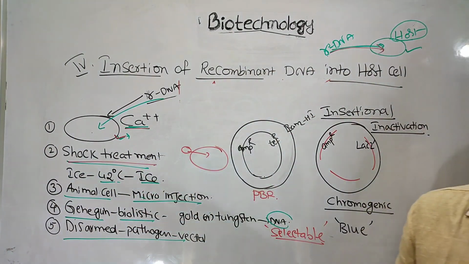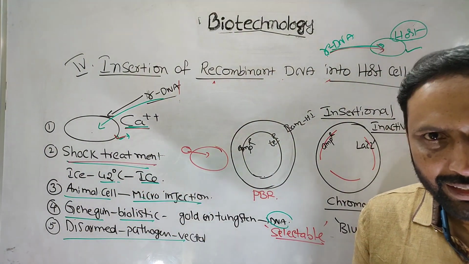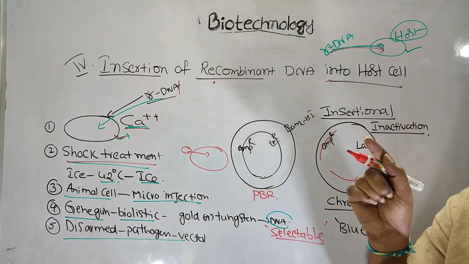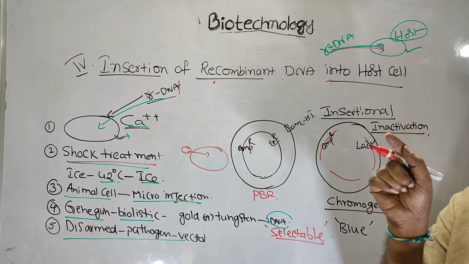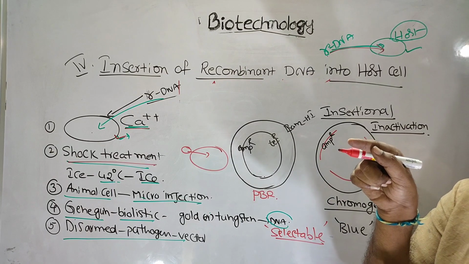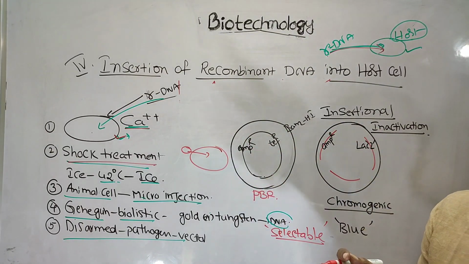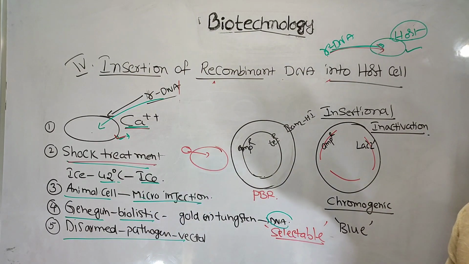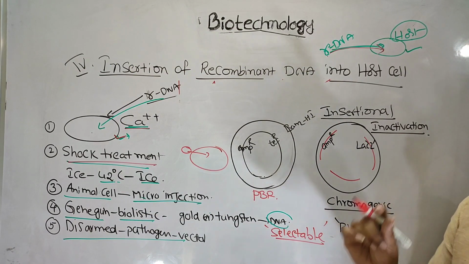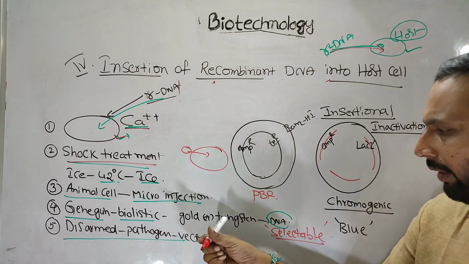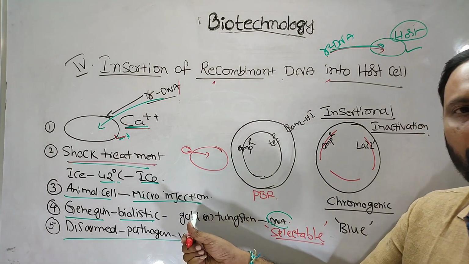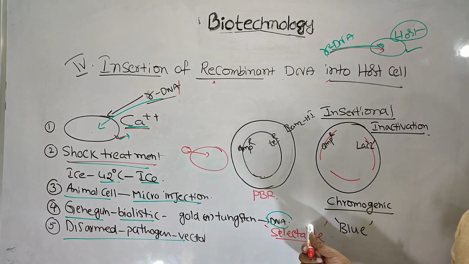Next, the microinjection method. For example, if it is an animal cell, there is microinjection. Directly the recombinant DNA is inserted into the nucleus of the animal cell. Next, another one, gene gun or biolistic mechanism. It means you are bombarding the recombinant DNA with gold so it can be inserted into the plant cell.